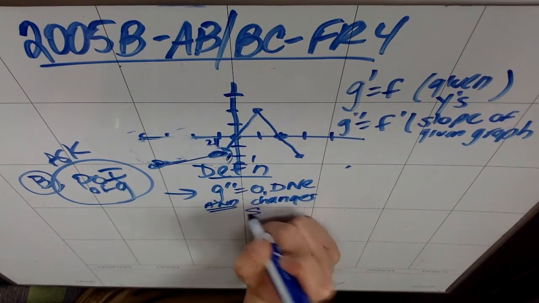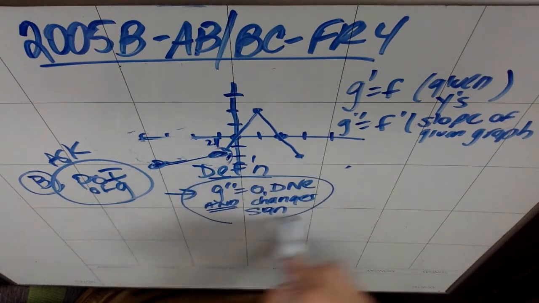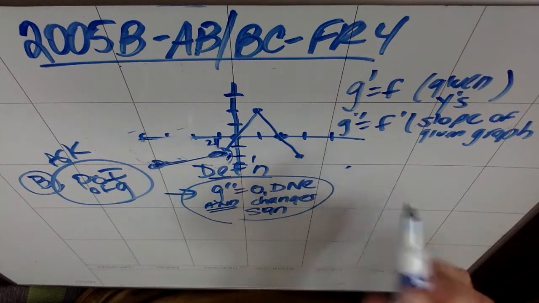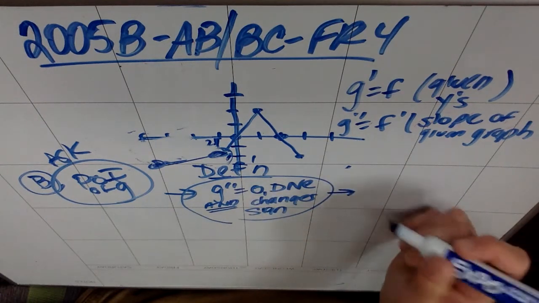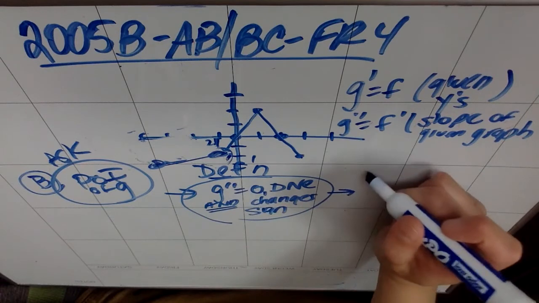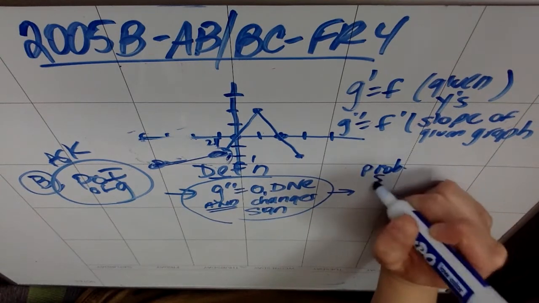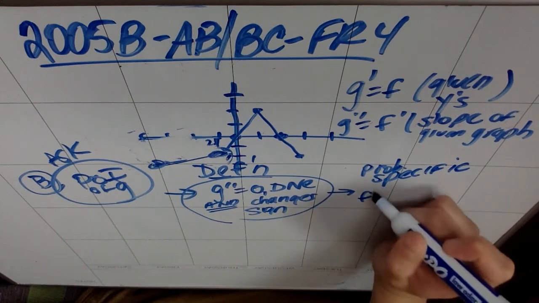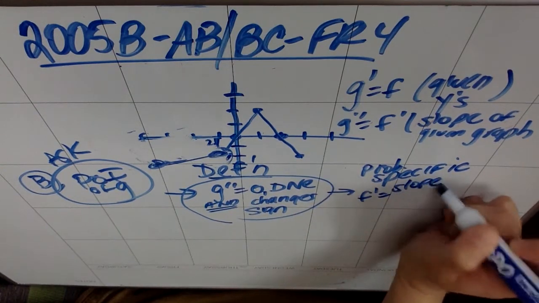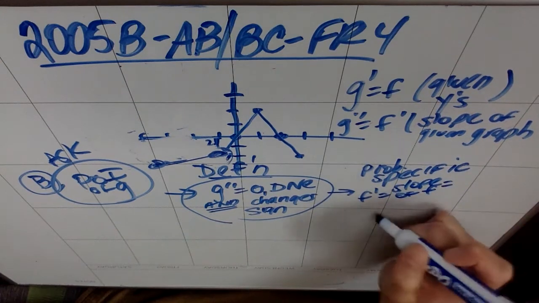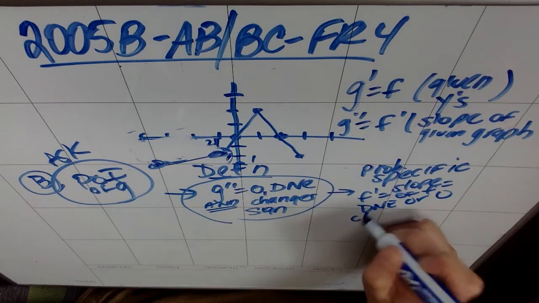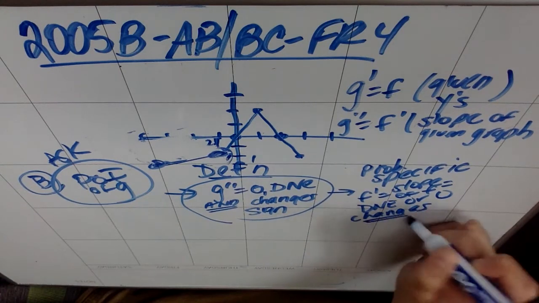Changes sign. But we already know from the information that we figured out in part A that the relationship between g and f, to talk about g double prime, is that g double prime is the same as f prime. So in this specific problem, this is saying that f prime, which is the slope of f, does not exist or is 0, and changes sign, right?